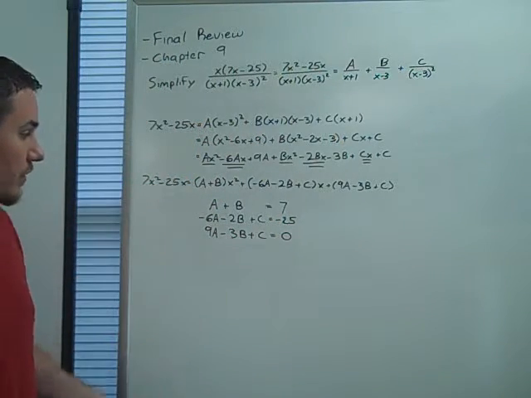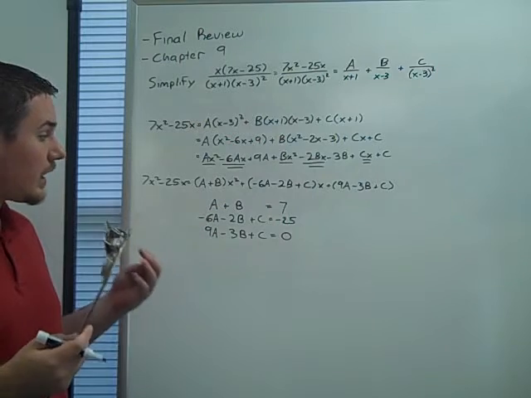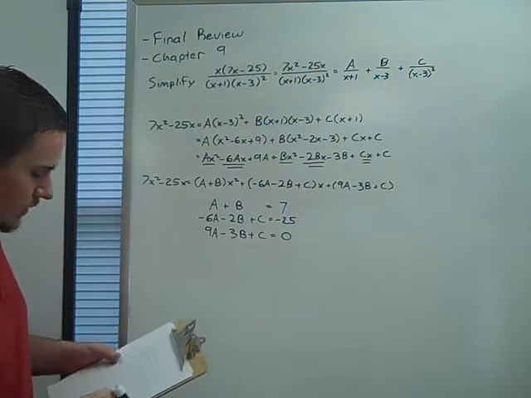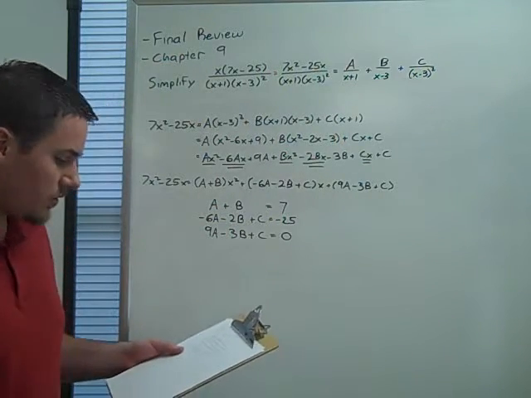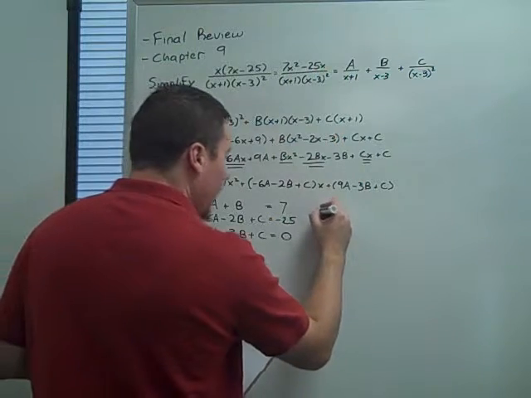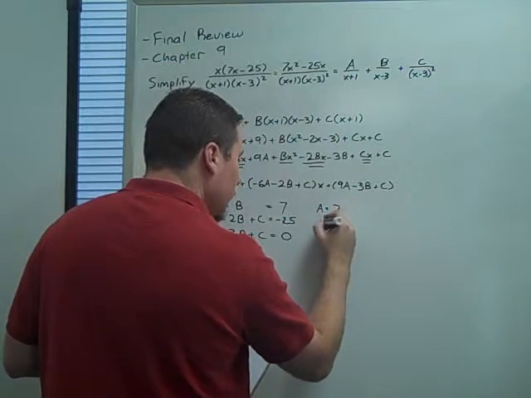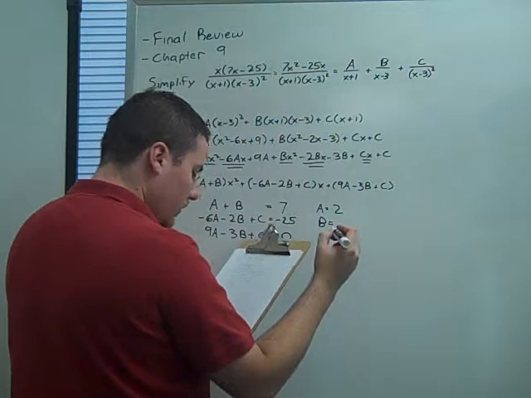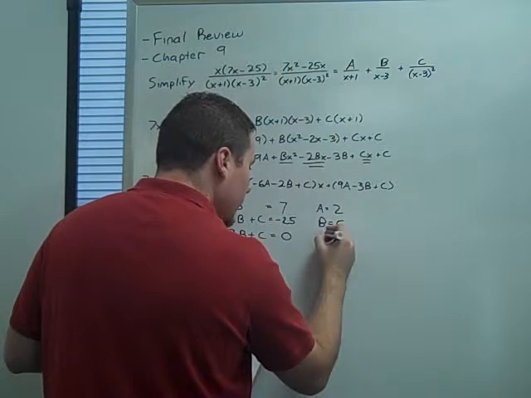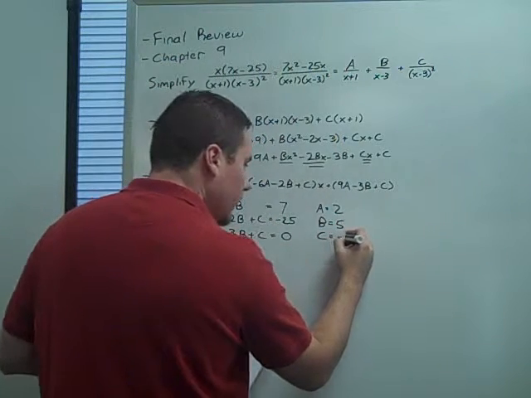Now, this is a system of equations. We've spent lots of time going over how to solve a system of equations. Easiest way is use your matrices. And with that, you'll get a equals 2, b equals 5, and c equals negative 3.